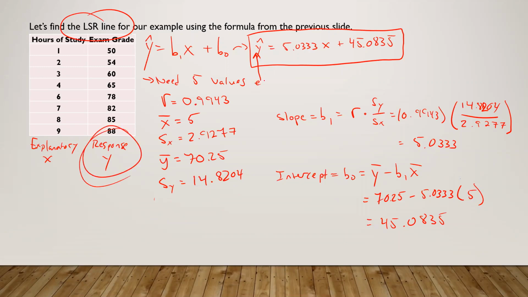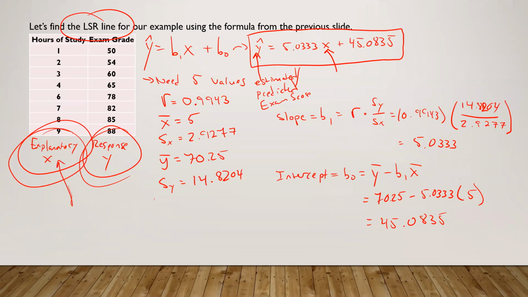So y hat is my estimated or predicted exam score is equal to 5.0333. What does x represent again? Yeah, so 5.0333 times the hours of study plus this intercept.